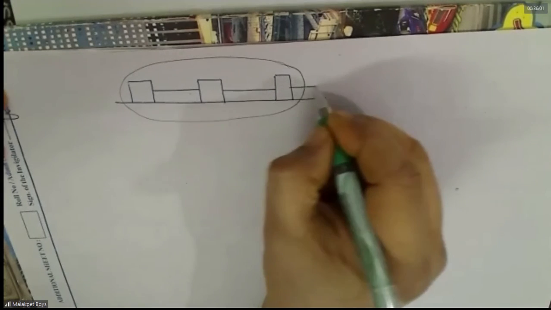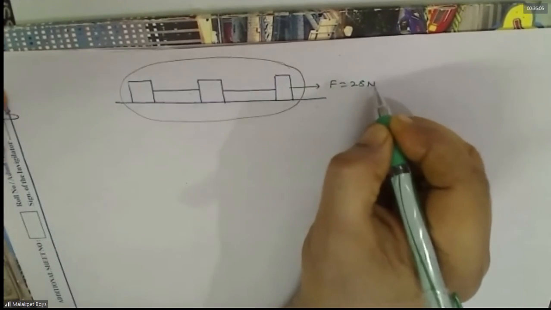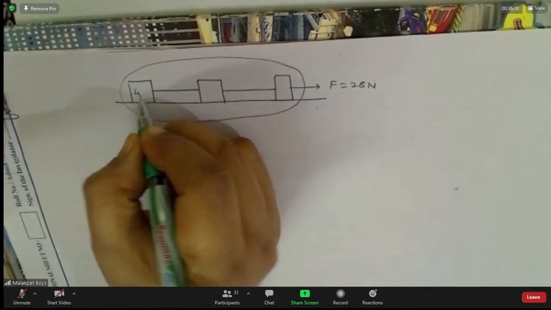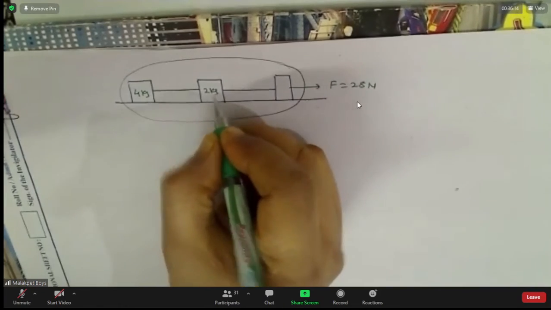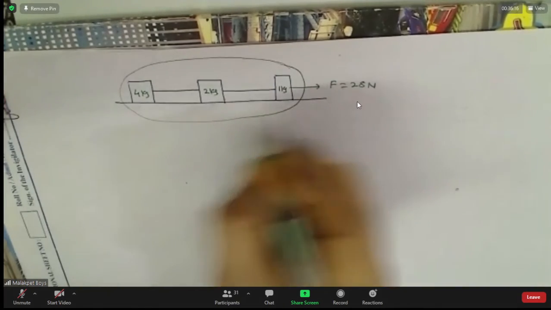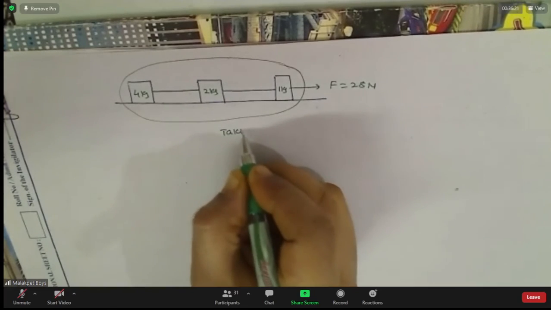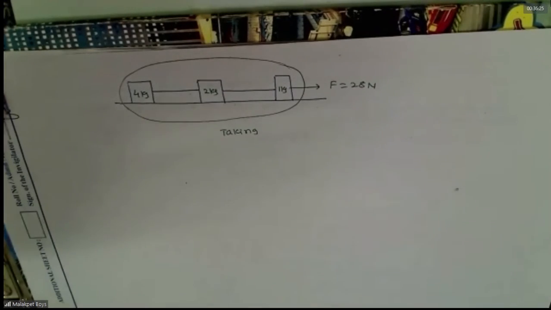You are applying a force of 28 newtons. This is 4 kg. This is 2 kg. This is 1 kg. Now this whole thing, three blocks.